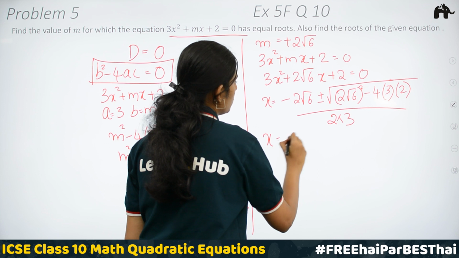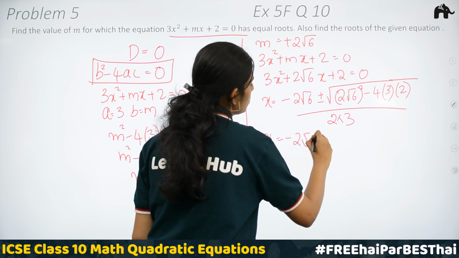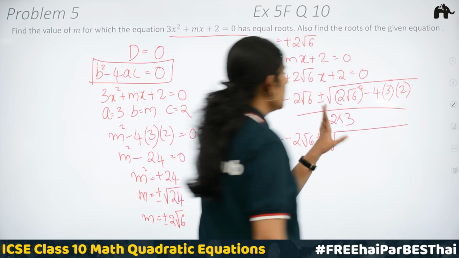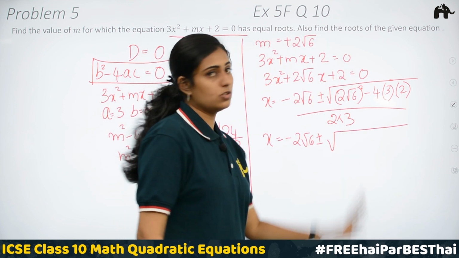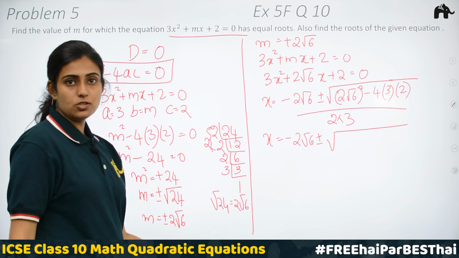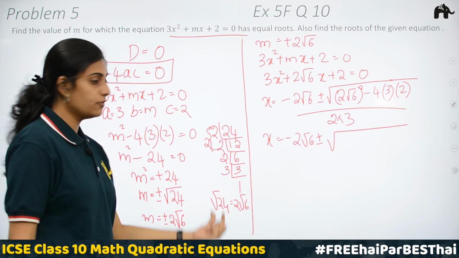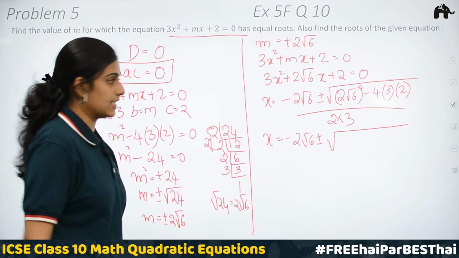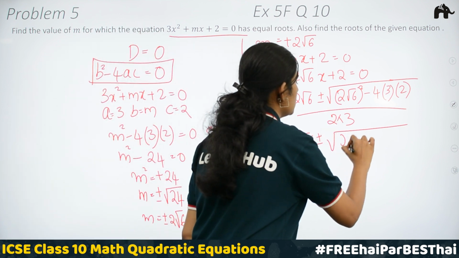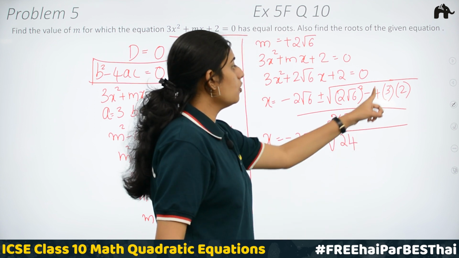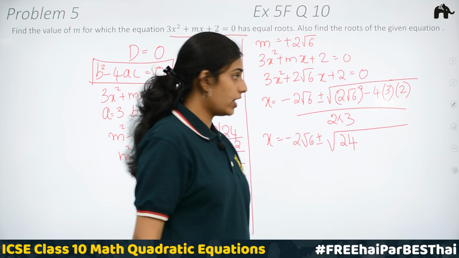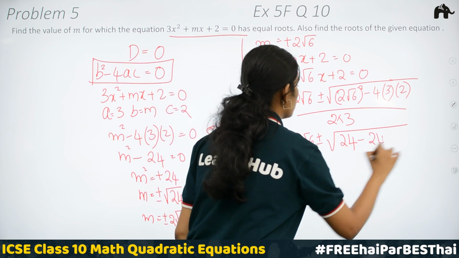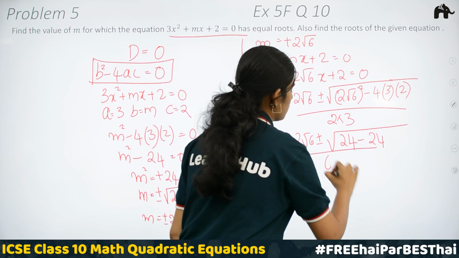That is x is equal to minus 2 root 6 plus or minus root of b square, 2 root 6 whole square. What is 2 root 6 whole square? It is 24 because the root of 24 is 2 root 6. We get 24. 4 into 3, 12. 12 into 2, 24. Minus 24 divided by 6.